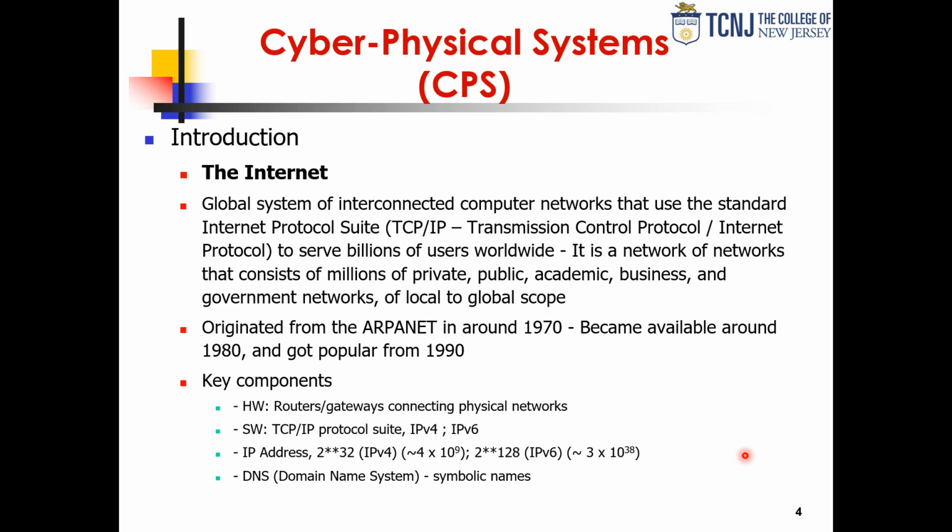We discussed DARPA a couple of chapters ago on how they fund important technological advances, mainly with military applications, but it was developed mainly by universities, funded by DARPA because of its applicability to the military domain, but it was developed by universities, so it actually stayed an open network.